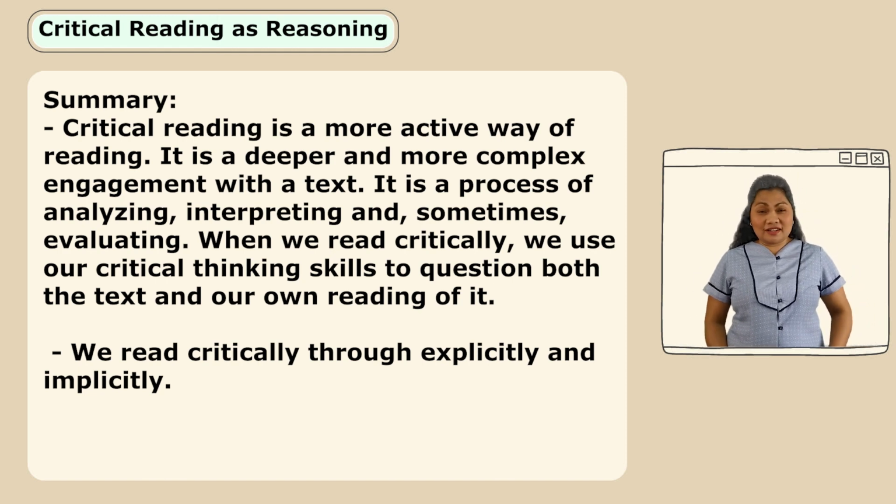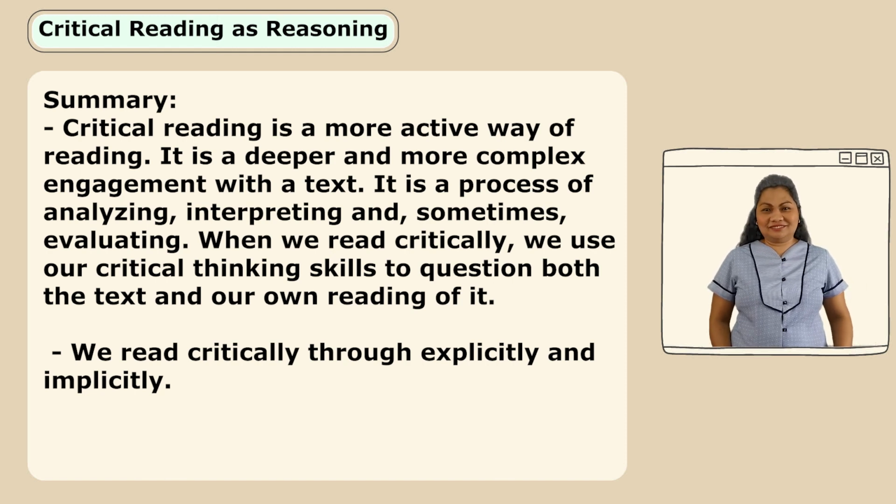We read critically through explicit and implicit information. Explicit means you are getting the information which is directly stated in the text. Implicit means you are getting information which is not directly stated in the text, that is beyond the text, based on your understanding.